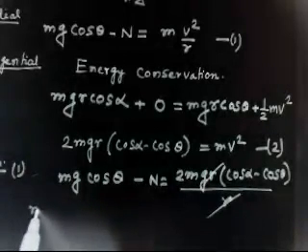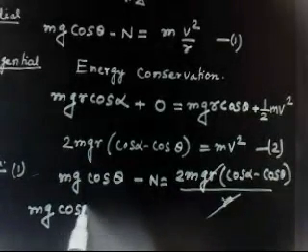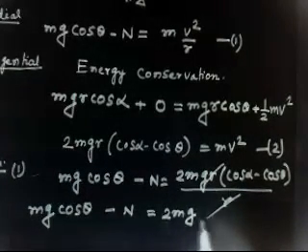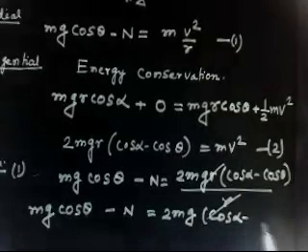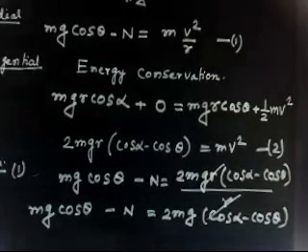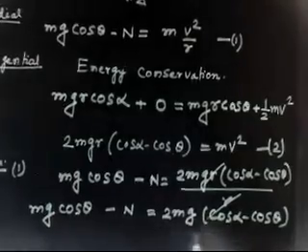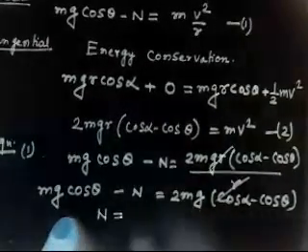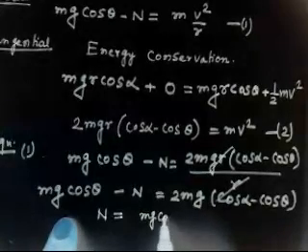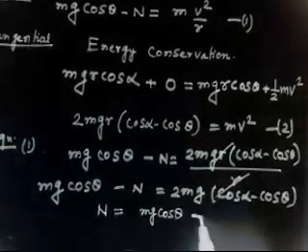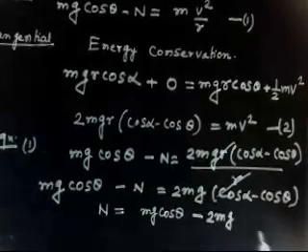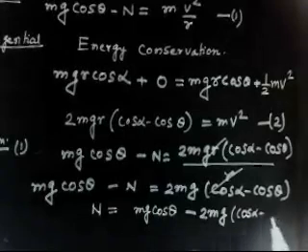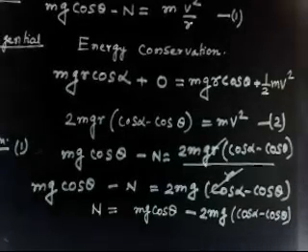So we will have mg cos theta minus N equals 2 mg (cos alpha minus cos theta). I can solve for the normal reaction. So N is mg cos theta minus 2 mg (cos alpha minus cos theta). So this is basically the normal reaction.